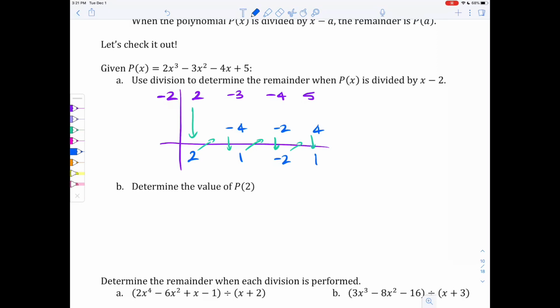And we recall that this last term is the remainder, as I'll circle in orange.